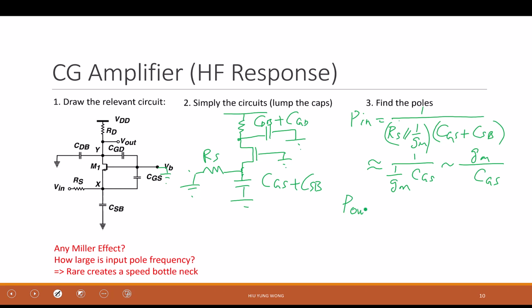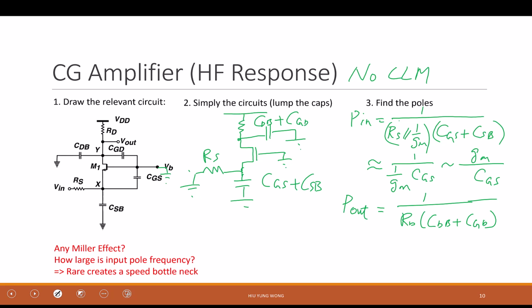How about the output pole? What is that? Assume no channel length modulation. 1 over RD. Thank you. 1 over RD times (CDB plus CGD). CGD small, usually.